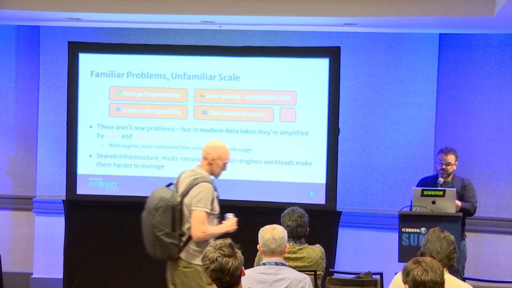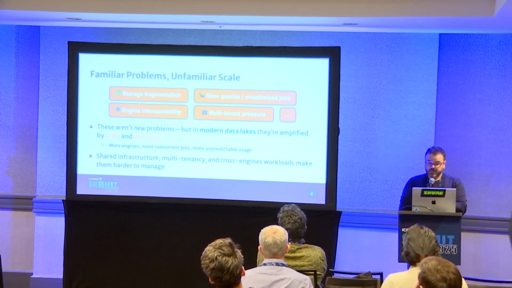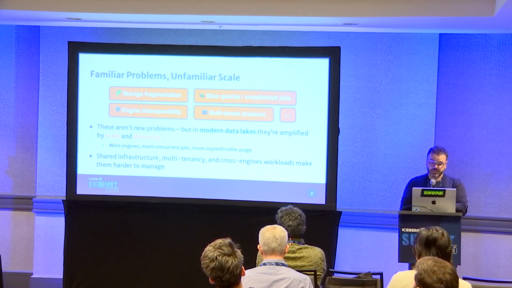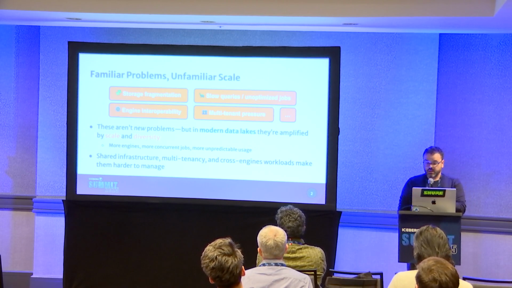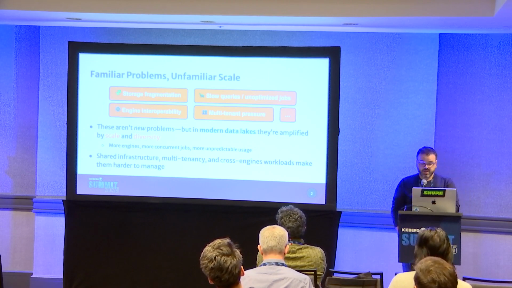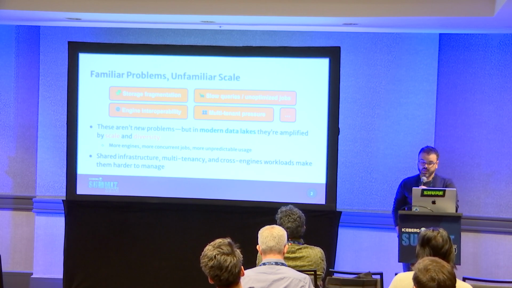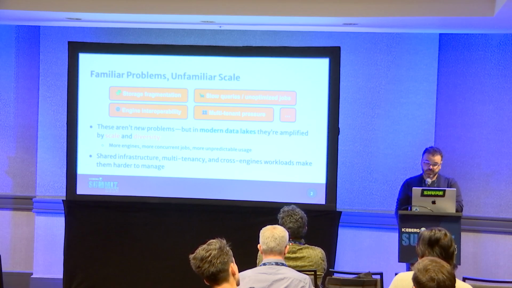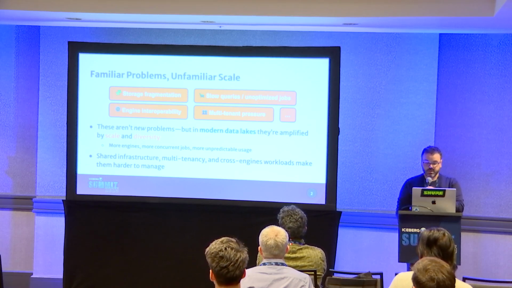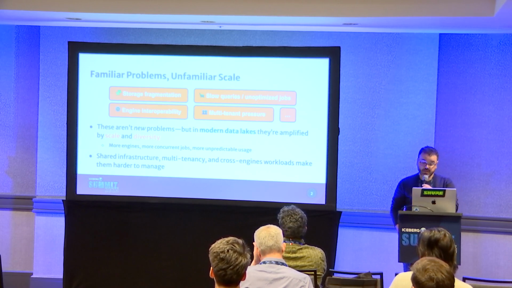These aren't necessarily new types of problems, but in modern data lakes, they show up in much harder ways because now you have many engines, many users, and lots of concurrent jobs, all interacting with the same shared data sets and infrastructure. Adding multi-tenancy, adding unpredictable access patterns, and possibly other factors, and suddenly even what you consider simple problems become a constant challenge.